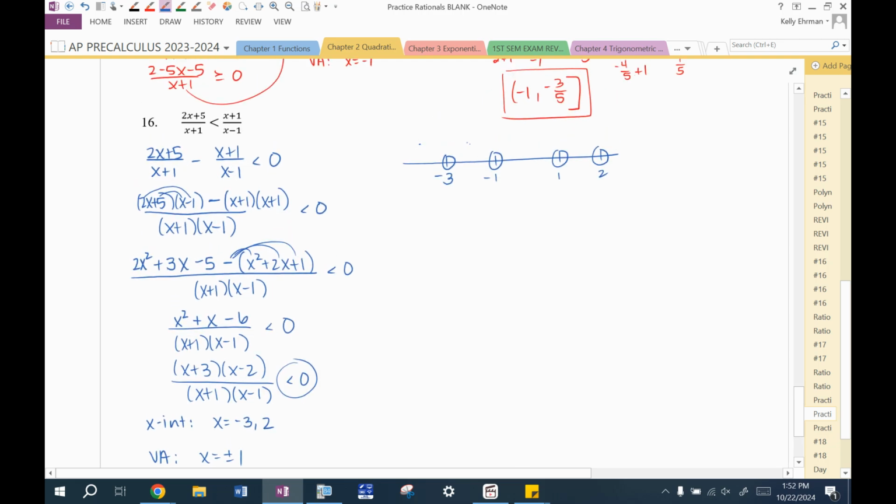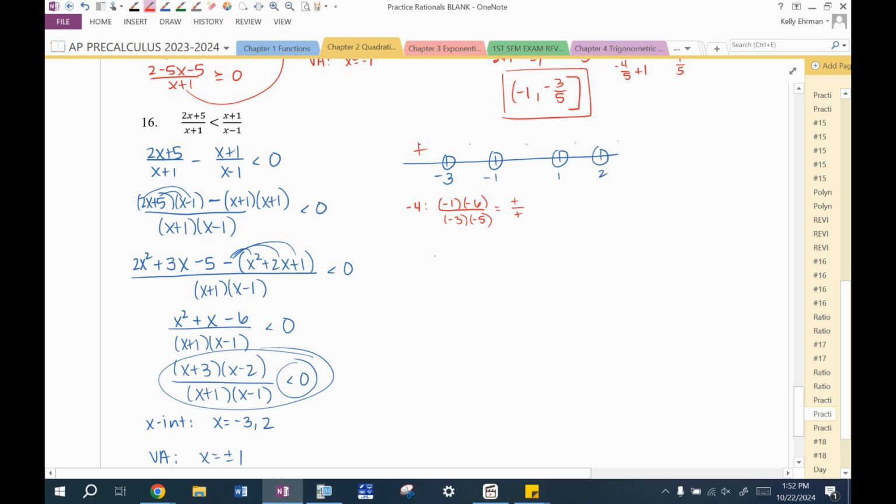We have 1, 2, 3, 4, 5 sections to test. And you're testing into this factored version here. So start with -4. That gives me -1 times -6 over -3 times -5. Negatives all around, that gives you positive over positive. So that section is positive.